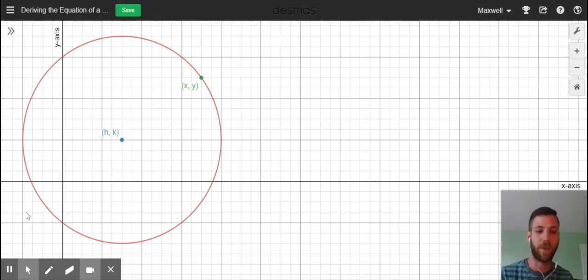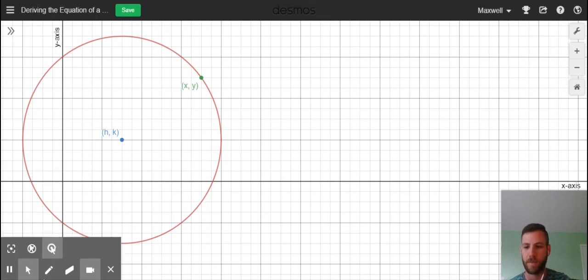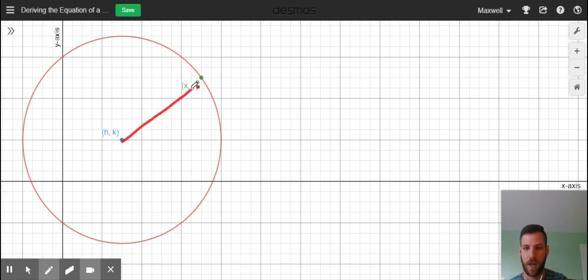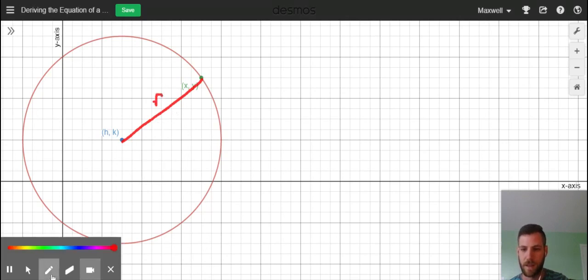So we want to start labeling and drawing on this circle a little bit. The first thing I would do is draw the radius of the circle, which is just connecting these two points right here. Let's draw a little radius line and mark it with an R for radius.